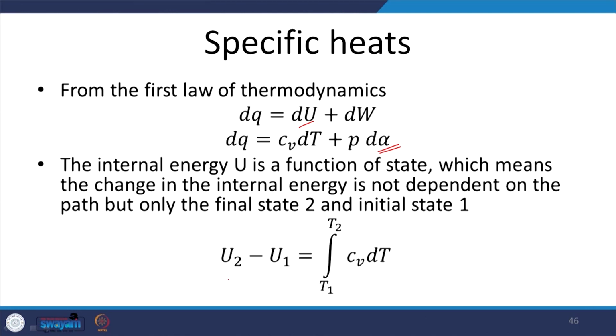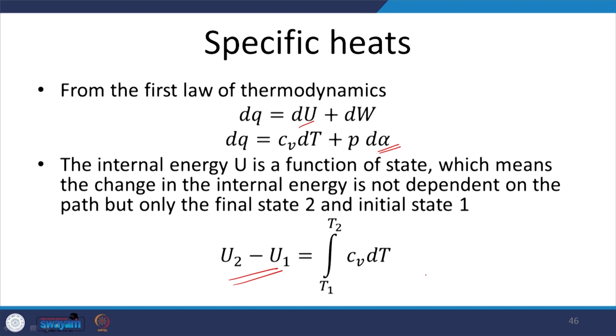So, this is what it is. The change in the internal energy, U2 minus U1, is not dependent on the path, but only on the final state 2 and the initial state 1. Why is U2 minus U1 relevant here?